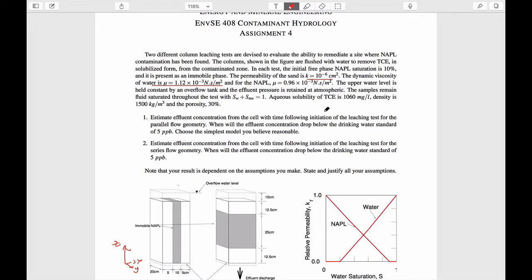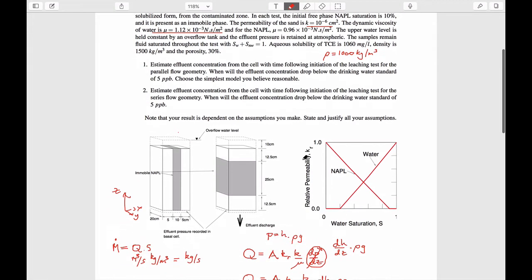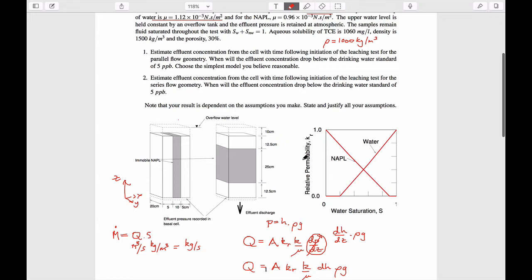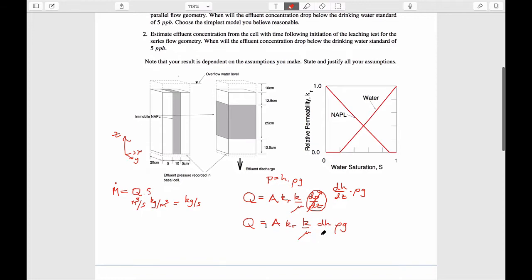No, you're not given it, but you know the density of water. I'm trying to think what else is in this expression. I think you know everything else in the system.